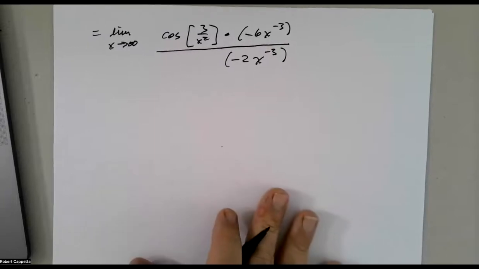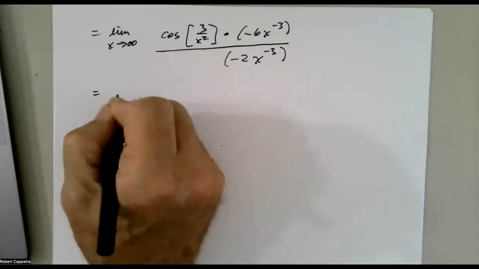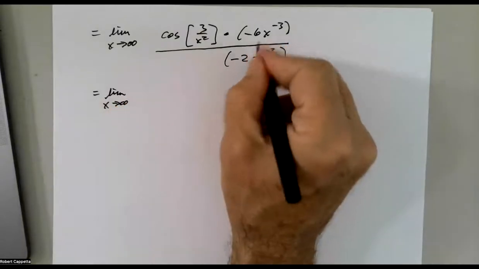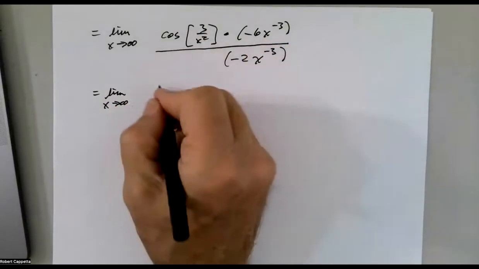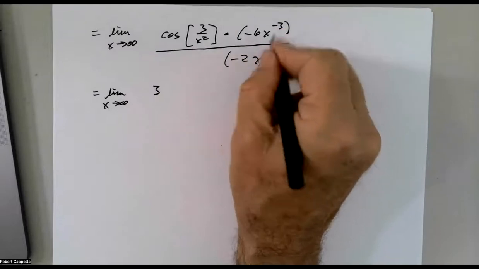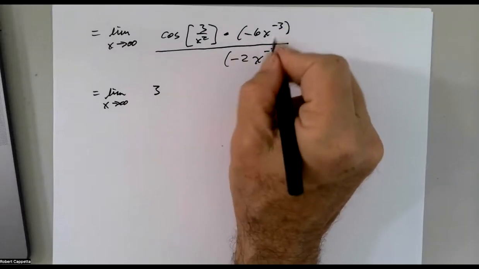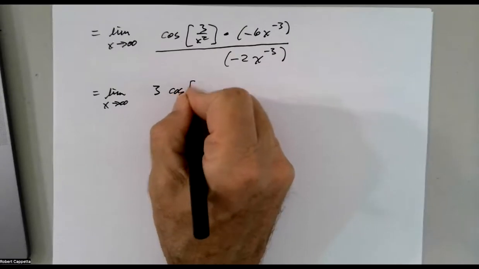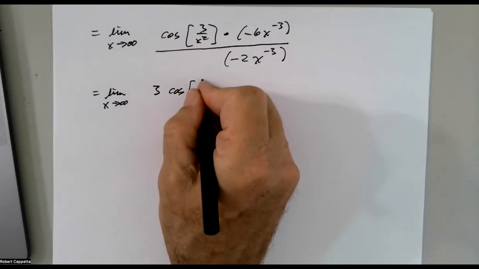Okay. So where does that put us? Negative 6 over negative 2 is positive 3. x to the negative 3 over x to the negative 3 divides out. Then I have cosine of 3 over x squared.